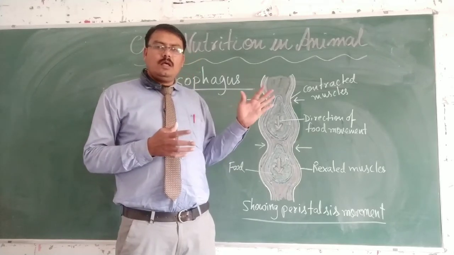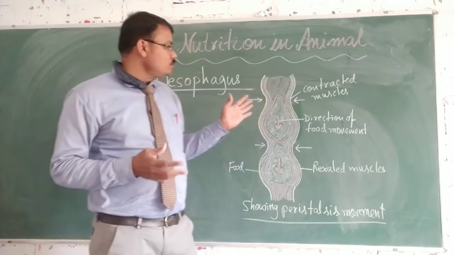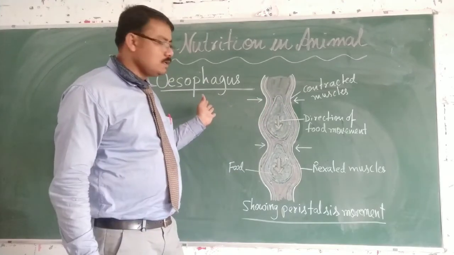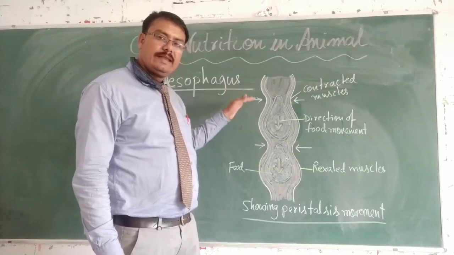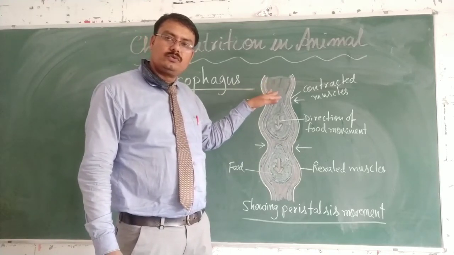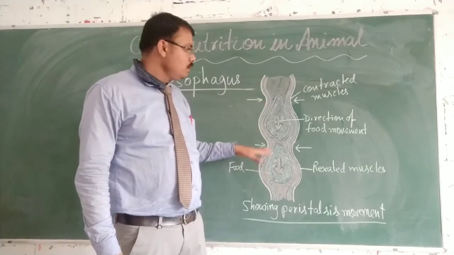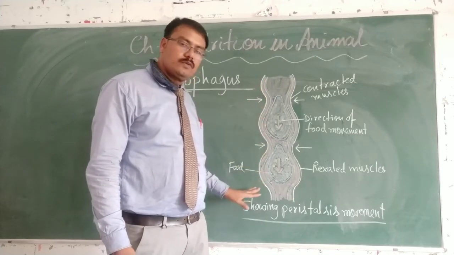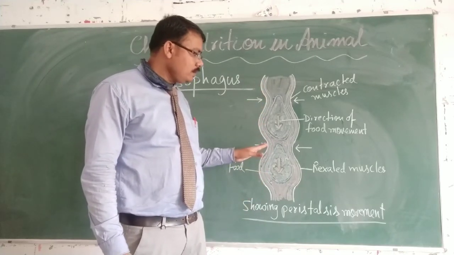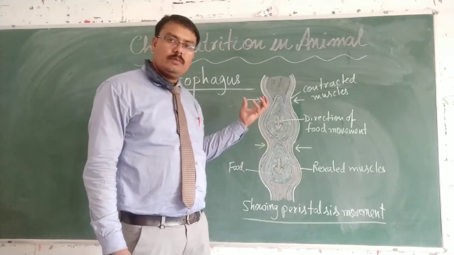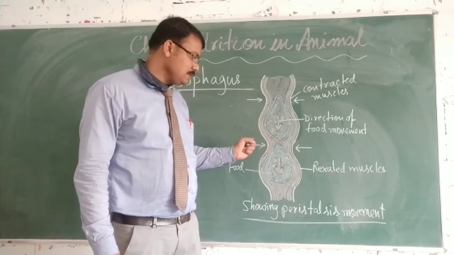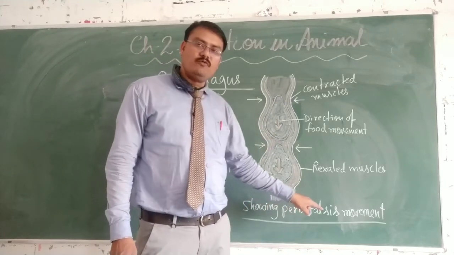Okay, so again I want to repeat that the esophagus is a tube that carries the food from the throat to the stomach. This pipe is called the esophagus, and the movement inside the esophagus tube is called the peristalsis movement.